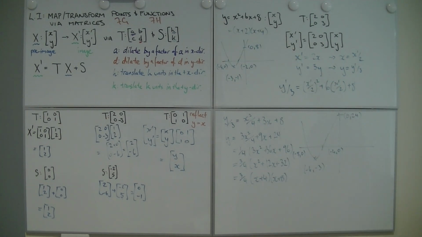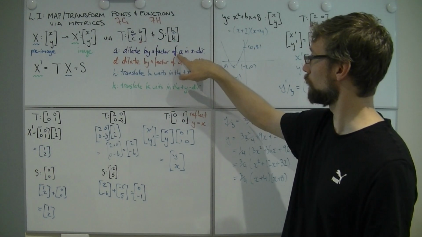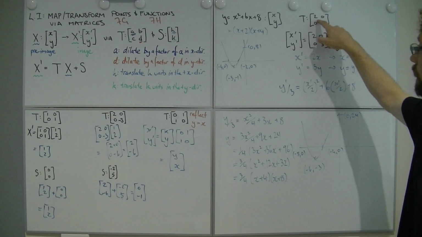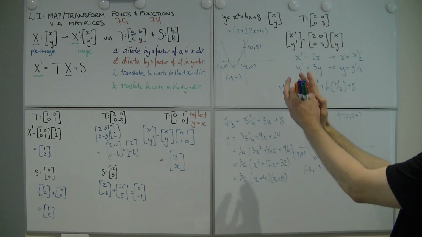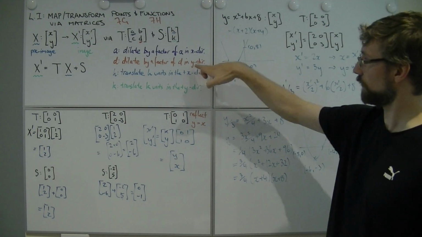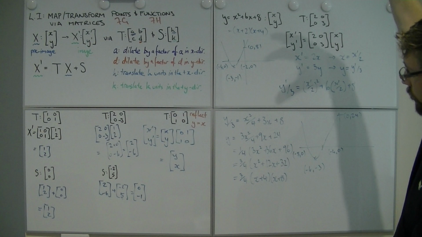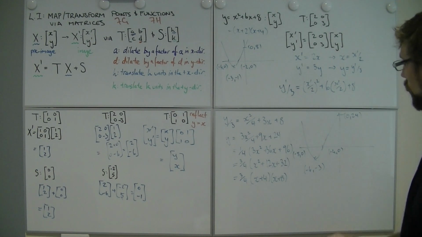Alright, how do we know that's right? Well, let's consider what this transformation was supposed to do from what we figured out before. Alright, all it should do is dilate by a factor of whatever A is. So it dilates by a factor of 2 in the x direction, so it should get twice as wide, and it dilates by a factor of 3 in the y direction, so it should get 3 times as tall.